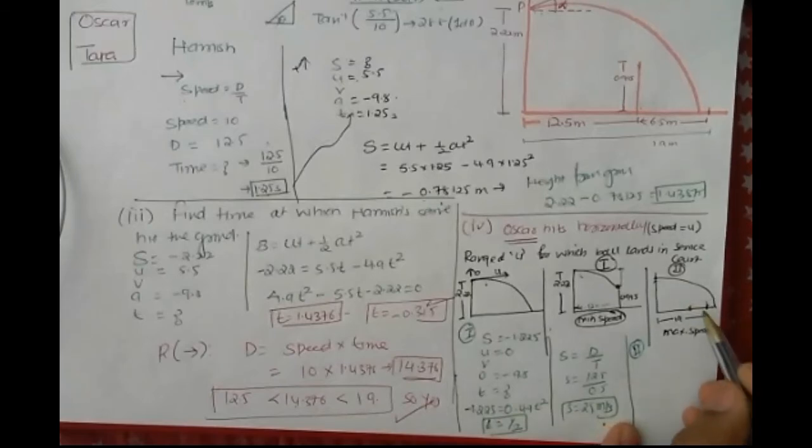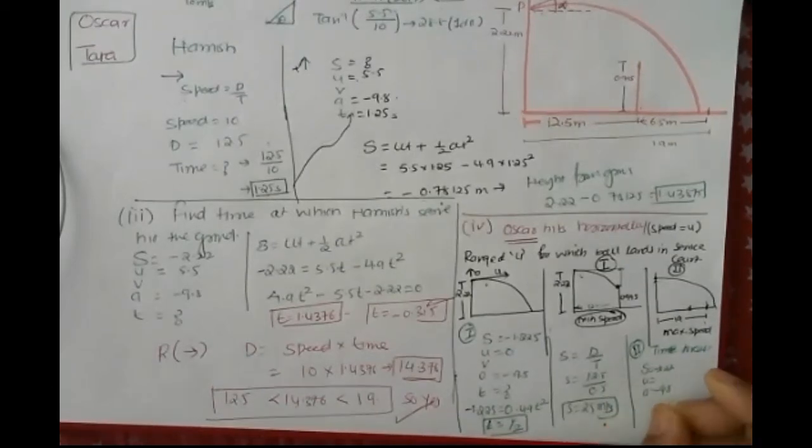So guys, what we need to do now is work out the maximum speed, because if he hits it too hard, there's a chance that it will land more than 19 meters away on the ground. So let's find out the time for it to reach the ground. That means s equals minus 2.22, u is u, and a is minus 9.8.